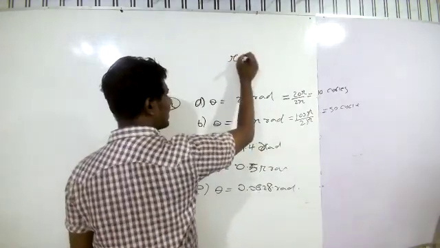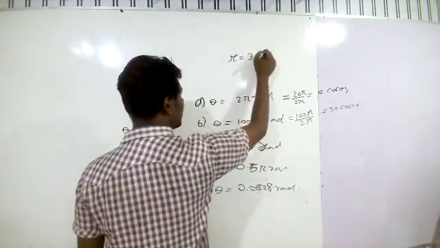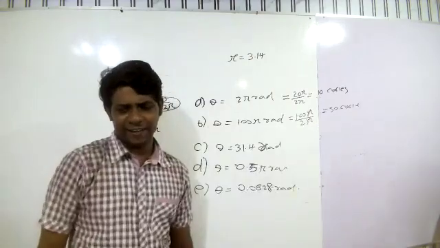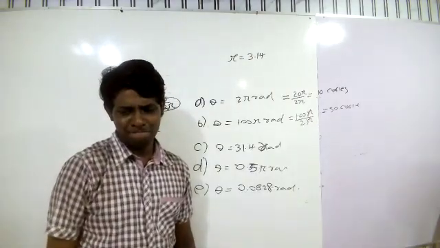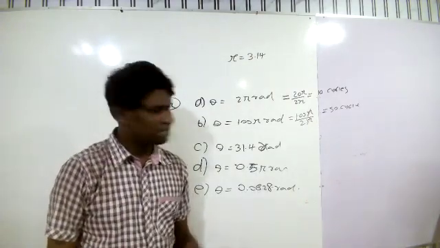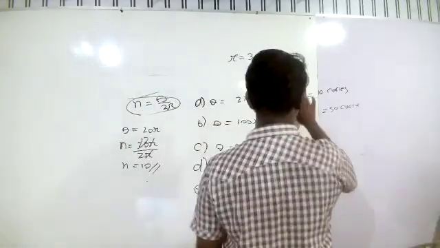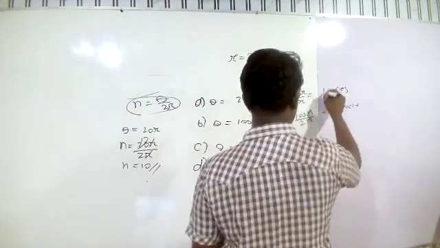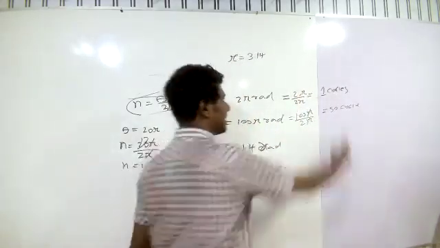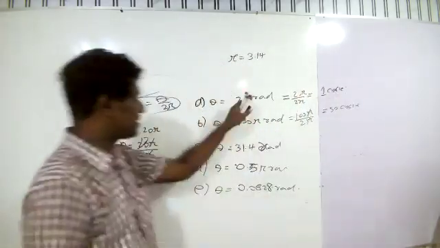Can you remember pi is nearly equal to 3.14? Can you remember that? Yes. It is just 2 pi. Sorry, my dear, this one is one cycle only. It is my mistake. It's 2 pi.